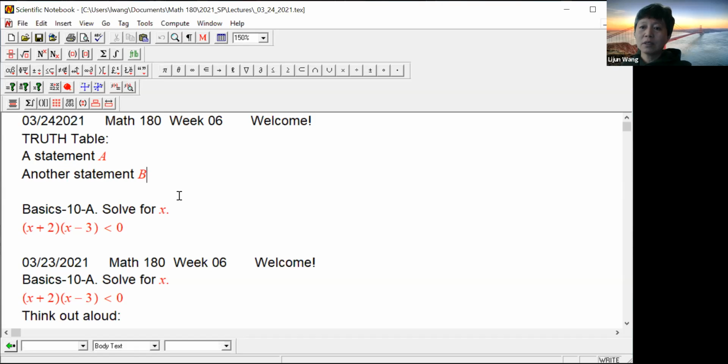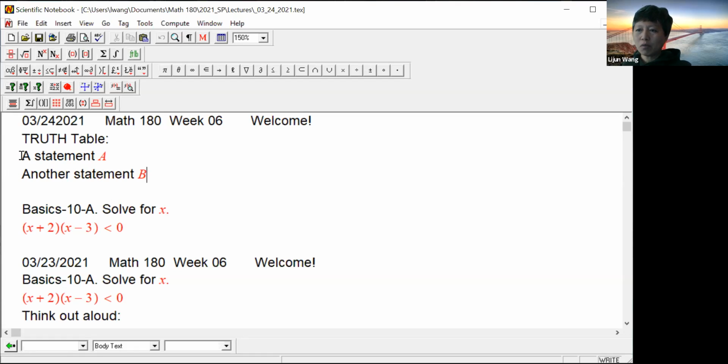For example, you can make a statement saying the domain of sine x is all real numbers. That is a statement. You can also say the range of sine is all real numbers, right? So a statement can be judged either as true or false.